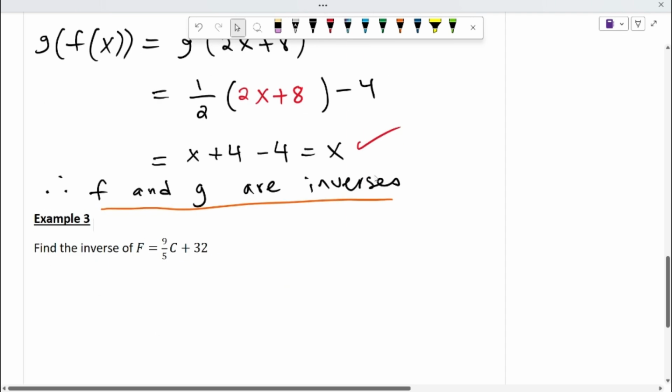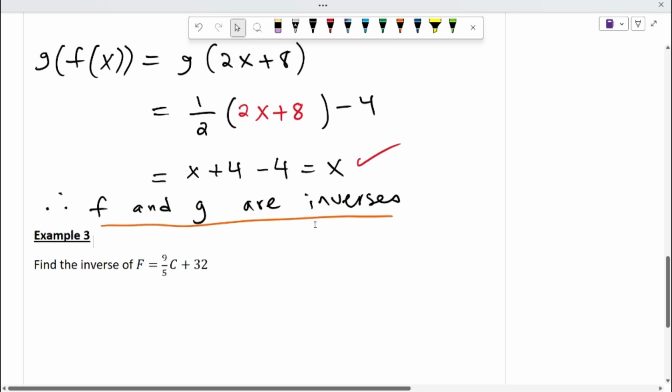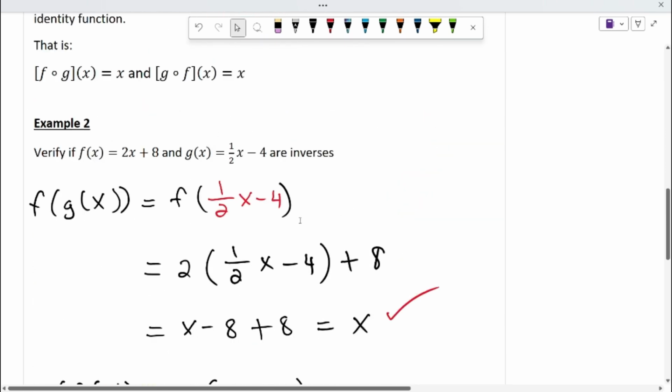Lastly, I have another problem to find the inverse of. Well, actually, I want to make another point about checking if two functions are inverses. If you compute f composite g of x and you didn't get the identity function x, say if it was x plus 3 or something like that, then you can just stop right there.